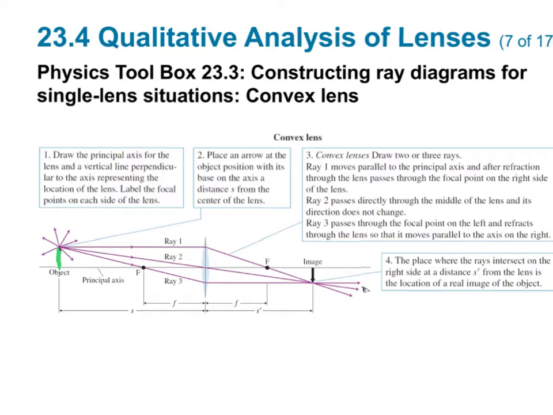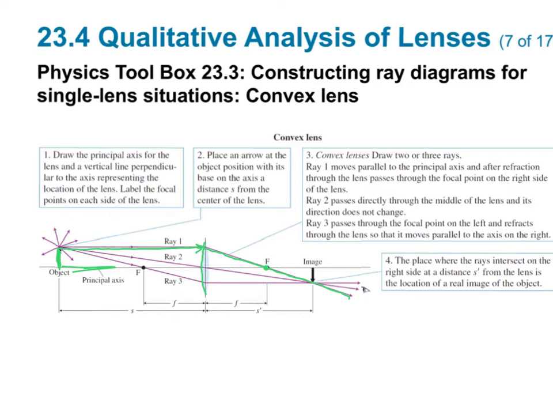And we've got a convex lens, which means the rays are going to converge after they pass through the lens. I start with the same ray that we worked with in the mirror world, the parallel ray. It comes in parallel to the principal axis. The parallel ray is going to refract, not reflect. It's going to refract through the focal point right there. And that's our first ray that we're going to draw.